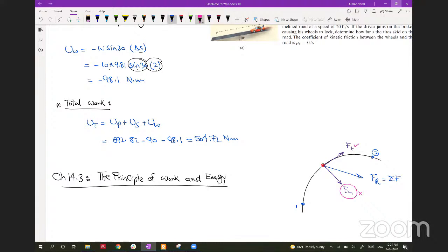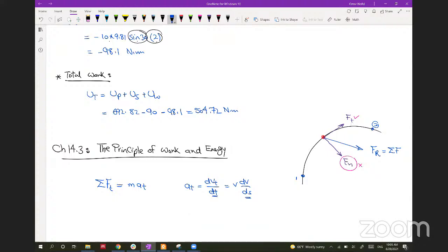The only one that exerts work is the tangent direction. Based on Newtonian kinetics, the sum of the forces in the tangent direction equals m a tangent. We know that a tangent is the time rate of change of the tangent velocity, dv_t/dt, and this is equal to v dv/ds.